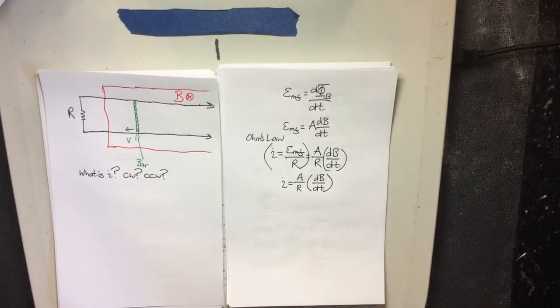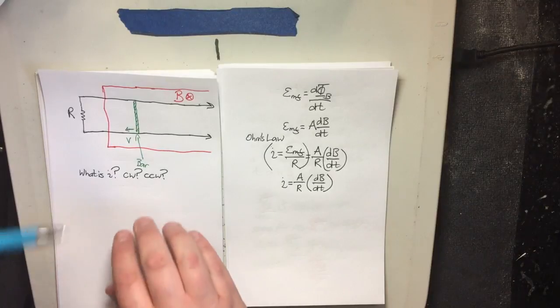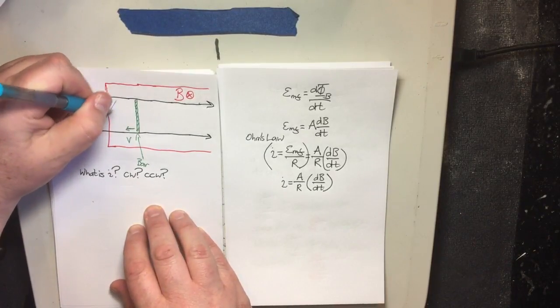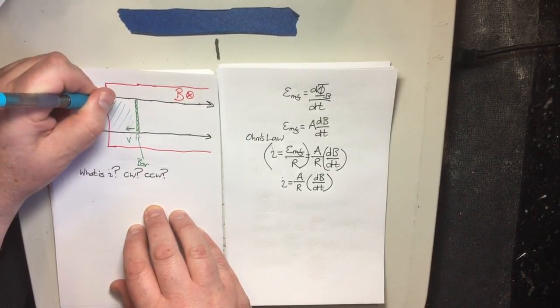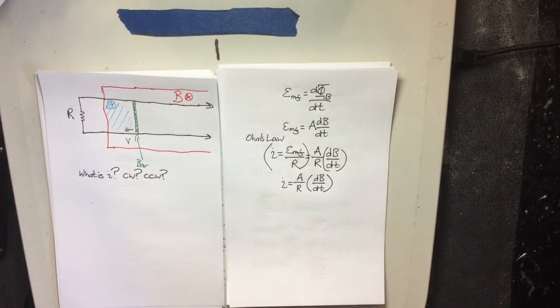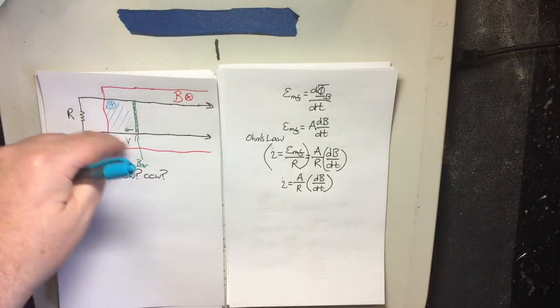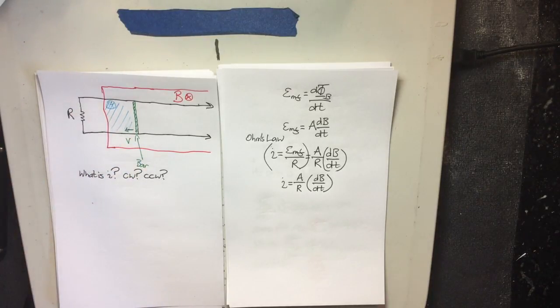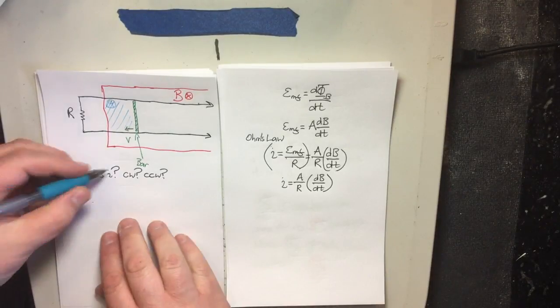What's my area? Well, the area of the magnetic field in the circuit is this region right there.